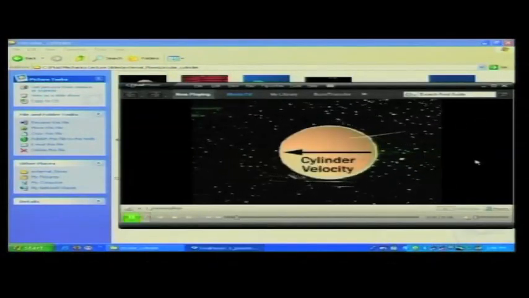So, we now look into some animated representations or movies related to flow past circular cylinders. One by one we will see, and we start with a particular visualization where it is almost like a potential flow.